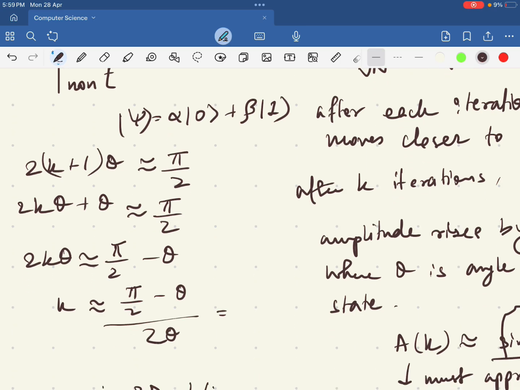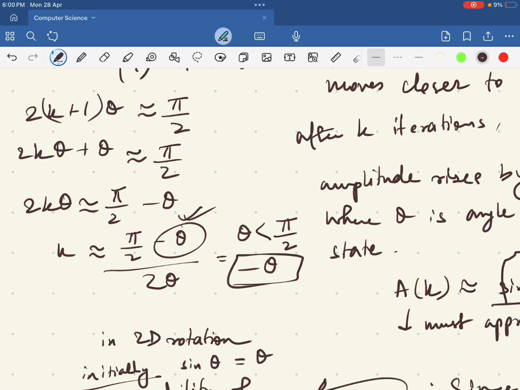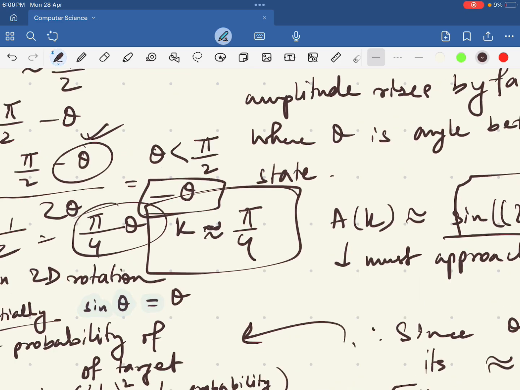Now if theta is very small, smaller than pi by 2, we can neglect the minus theta in the numerator, which will simply mean pi by 2 times 1 by 2 theta, that will be pi by 4 theta. That's why we can say k is approximately equal to pi by 4 times theta.